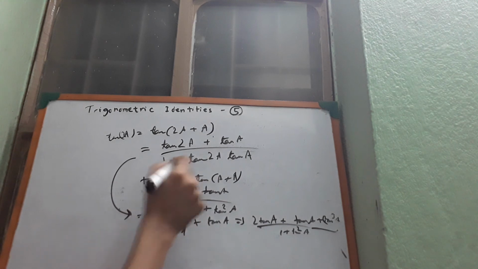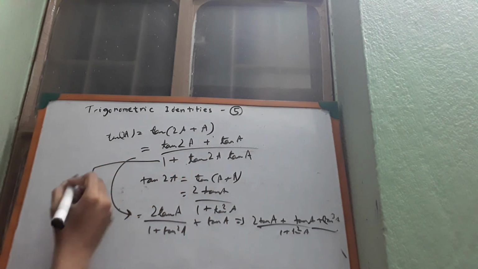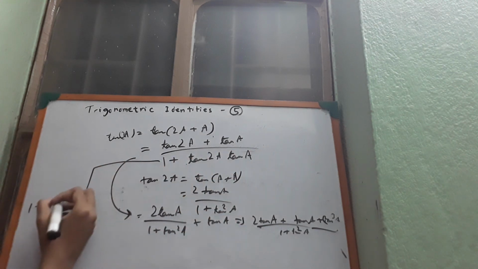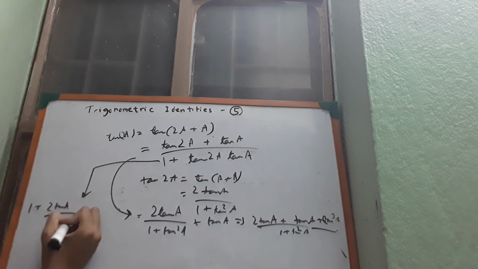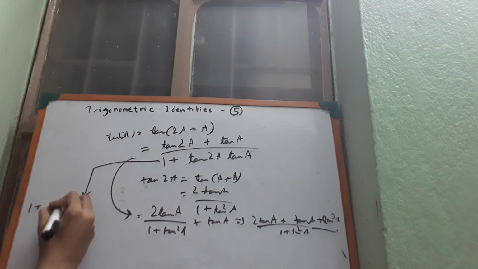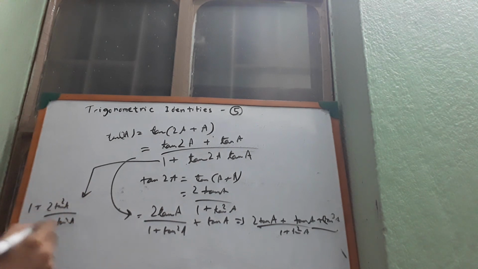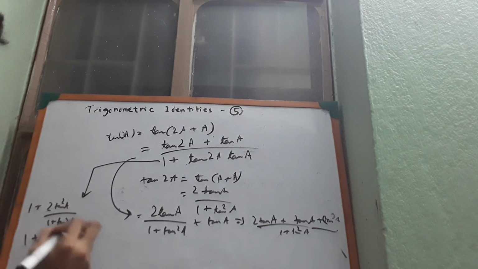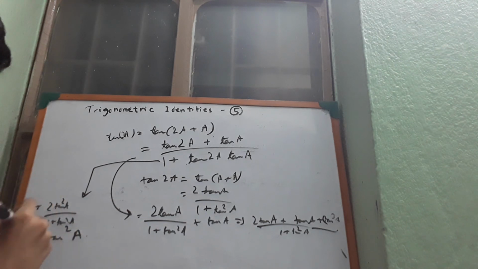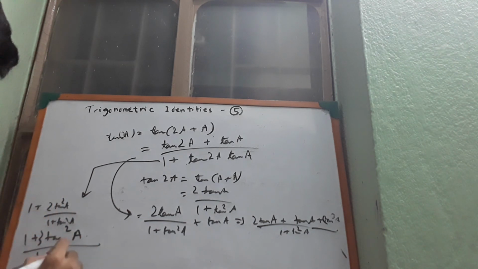Now let's solve separately for the denominator. So 1 plus tan 2a is just 2 tan a over 1 plus tan square a times tan a. So we'll have 2 tan square a in the numerator for the second term. So that is 1 plus tan square a plus 2 tan square a, that's 1 plus 3 tan square a, over 1 plus tan square a.